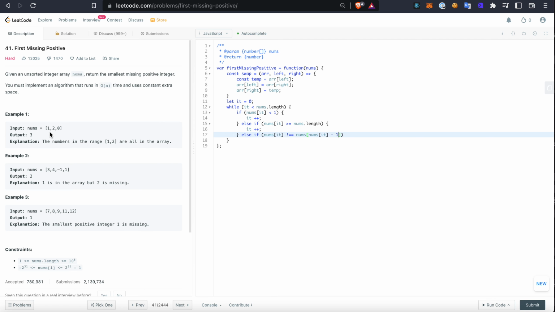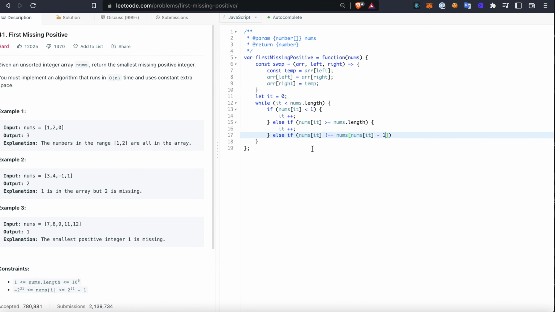So think about this example. nums[i], where i is 0, so this value is 1. I'll just spell it out: nums[0] is 1, and then 1 minus 1 is 0.